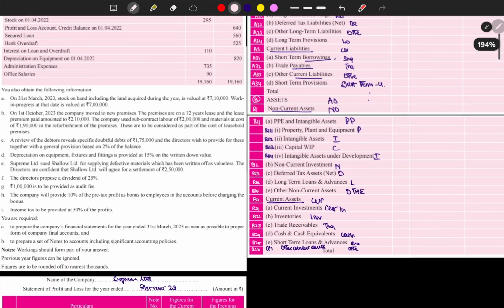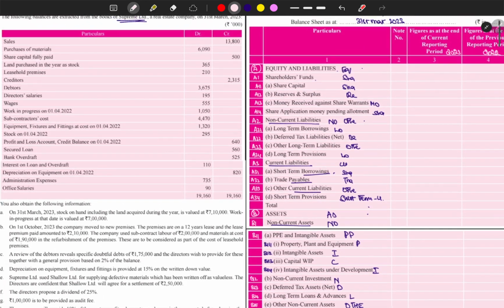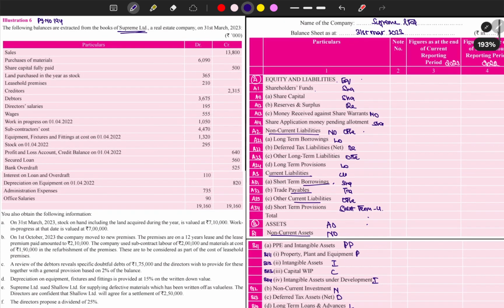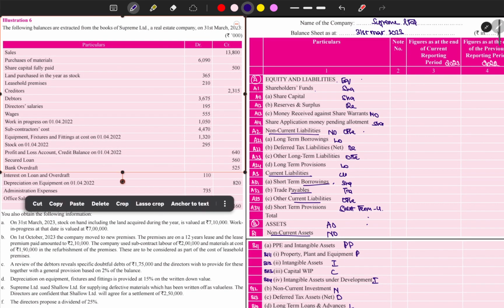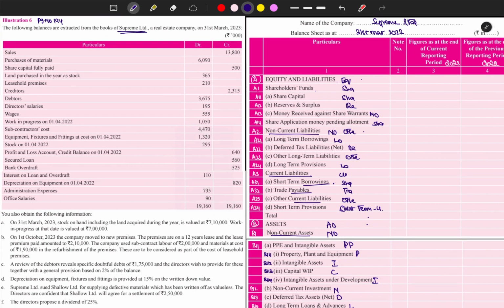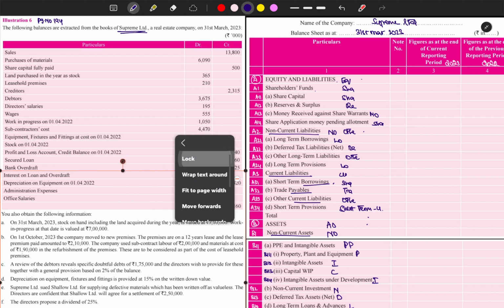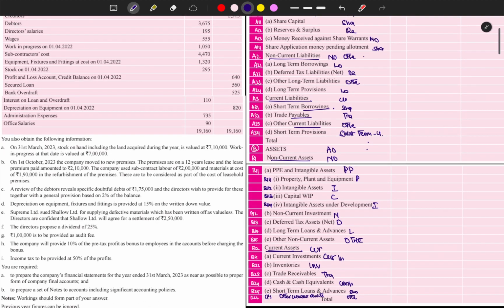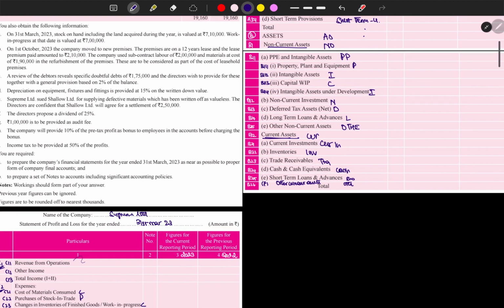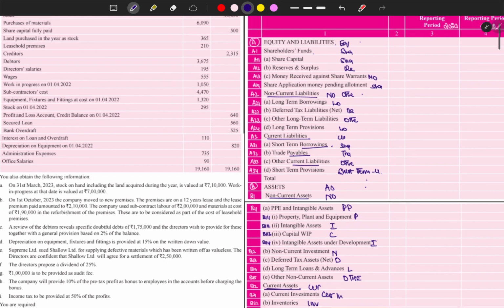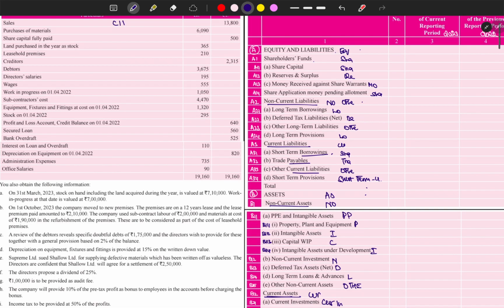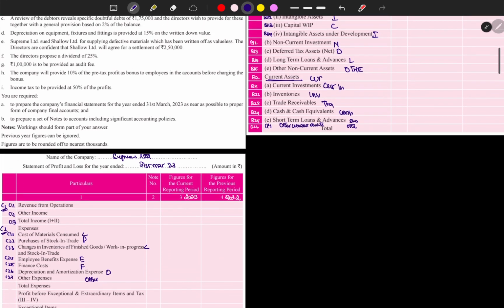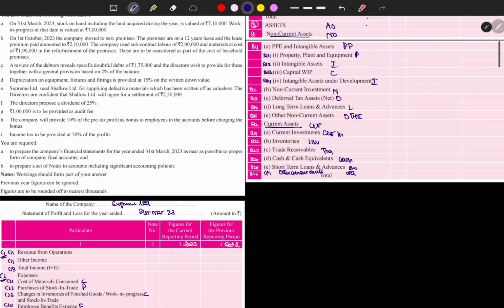Okay, that's it. The first item which is given here is sales, right? Sales comes under revenue from operations, which is C11. Okay, purchase of material comes under cost of material consumed, right?